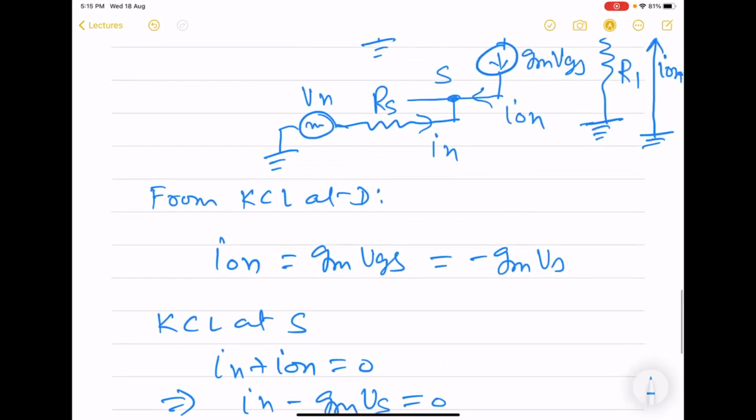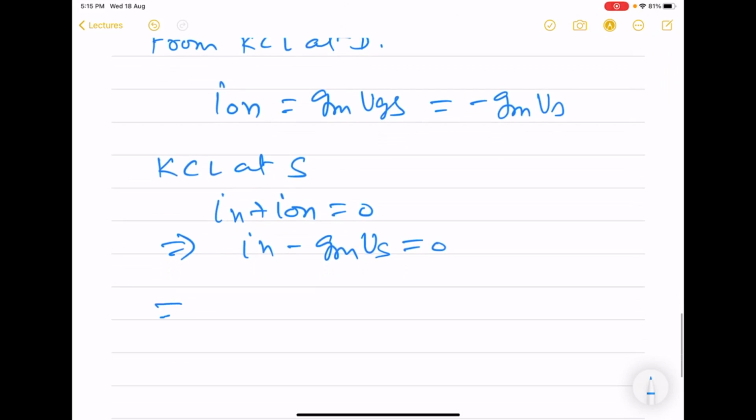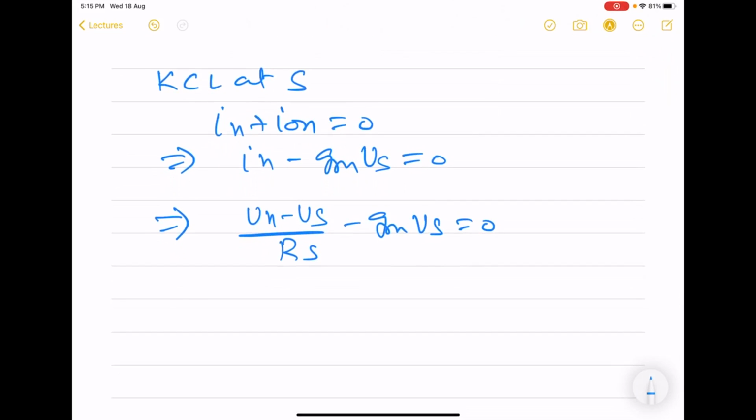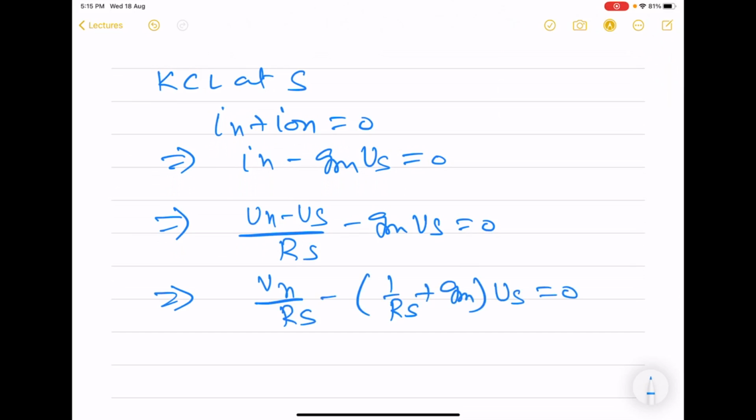Now this In current is current through this resistor Rs. So this end is at voltage Vn. This other end, right end, is at voltage Vs. So In can be written as Vn minus Vs by Rs. So this becomes Vn by Rs minus (1 by Rs plus gm) Vs is equal to 0.